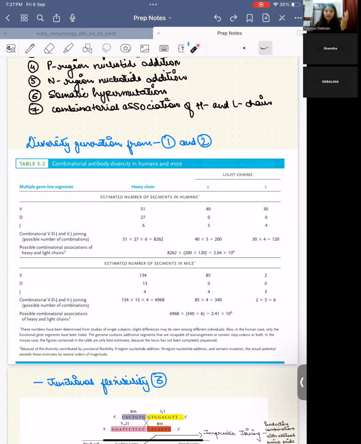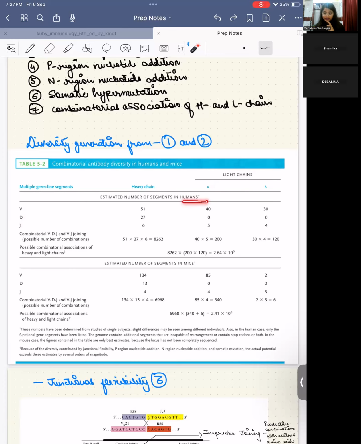We did see that lambda gets the last chance to come and recombine, but if we are counting the number of possible combinations, ultimately we just multiply all of them together, because these many are possible. So how many V, J, and D regions there are for all the different chains is fixed for every species.